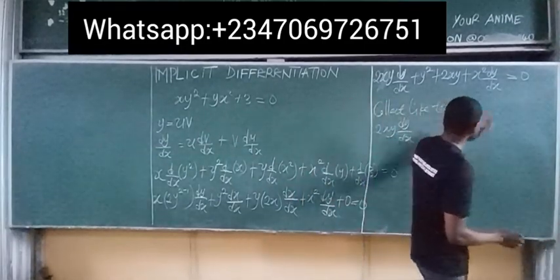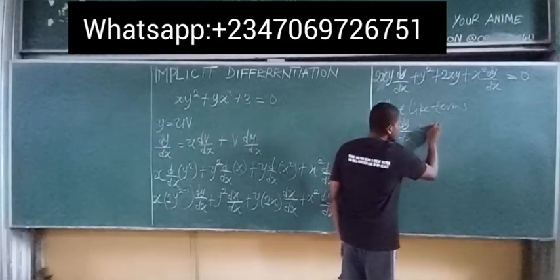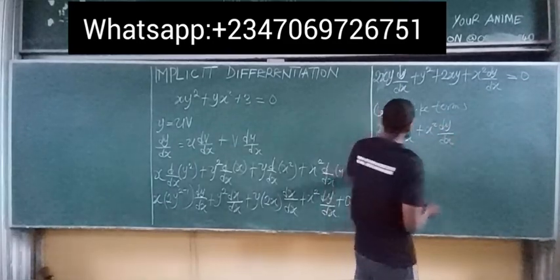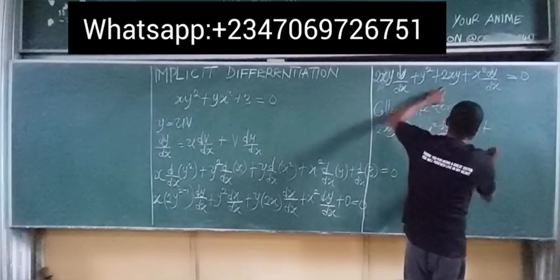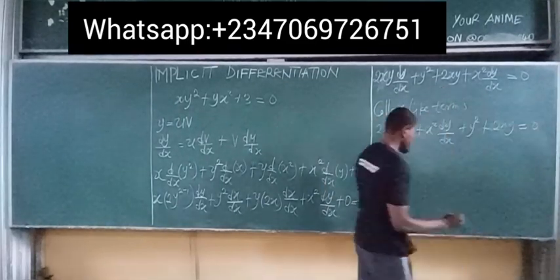I also have here x squared dy dx, so I'll bring them together plus x squared dy over dx. Plus y squared plus 2xy, and this is equal to 0.